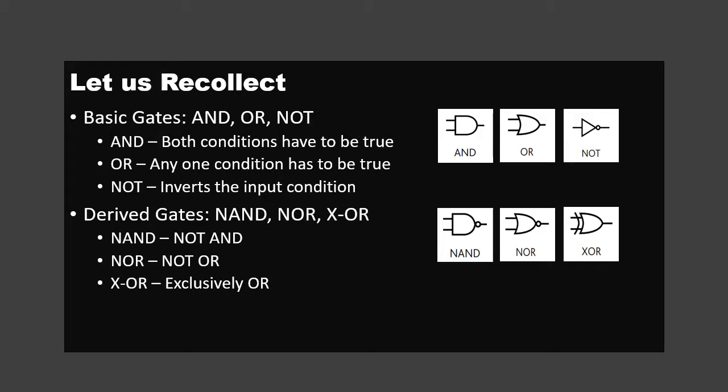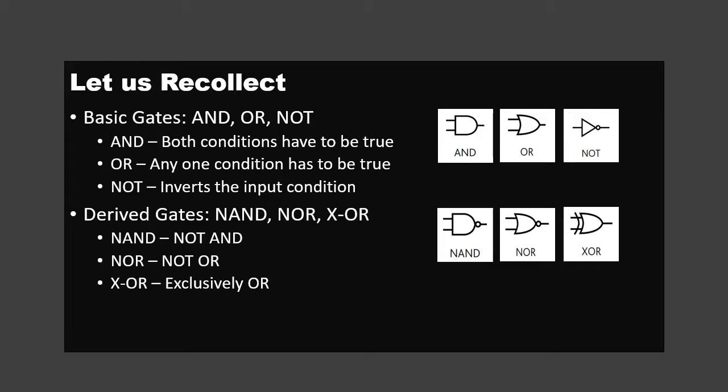The 3 derived gates are the NAND, NOR, XOR. The NAND gate is actually an AND gate going out into a NOT gate. The NOR gate is an OR gate which is being output through a NOT gate.